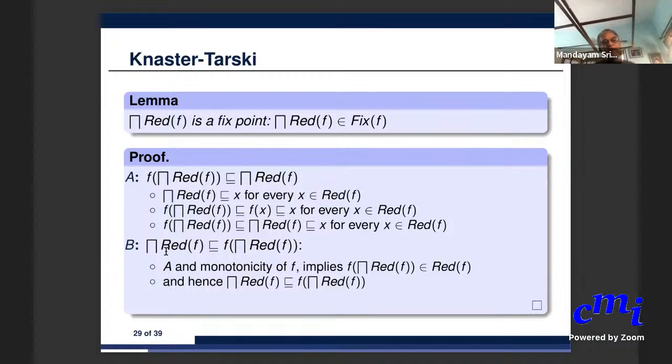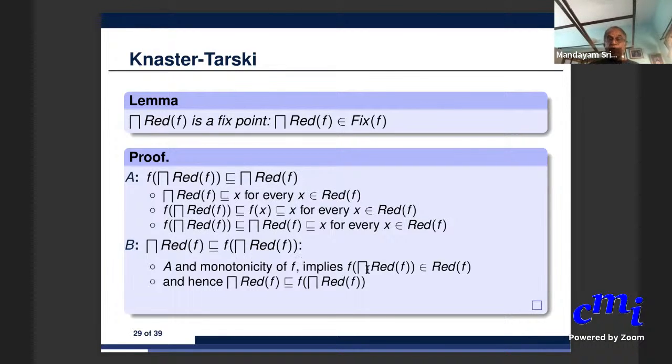Now, in the second part, we have to show that the greatest lower bound is less than or equal to f applied to that element. Since we've already shown from A that f applied to the greatest lower bound is less than or equal to the greatest lower bound, the monotonicity property of f implies that f applied to this has to be less than or equal to f applied to the right hand side.